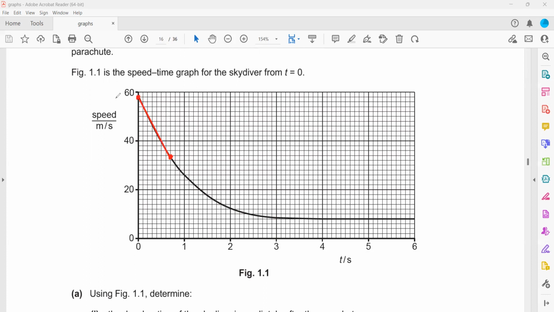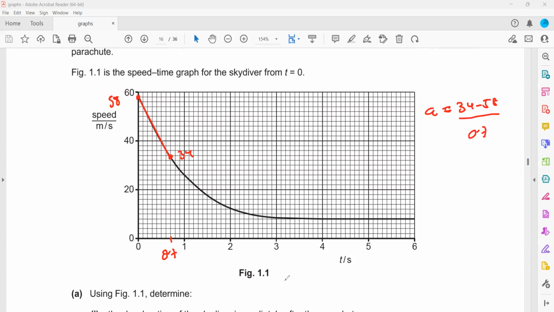Say this is equal to 58, and this is, with 3 boxes, 34. The time interval has changed now; it is about 1, 2, 3, so this will be 0.7. When I work it out, it is the change in speed, final minus initial: 34 minus 58 divided by 0.7.